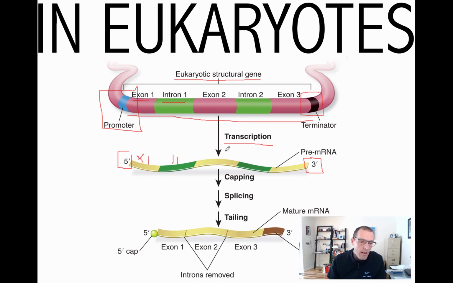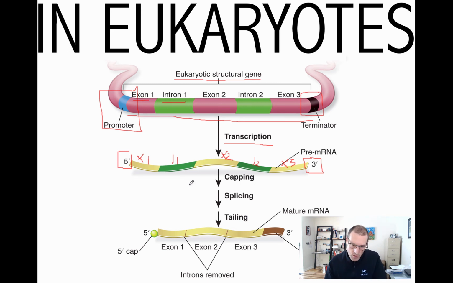This is exon 2. This is intron 2. And then this is exon 3. And so that structure that you see in the gene is maintained into the pre-mRNA. So at that point, the pre-mRNA contains these exons and these introns.